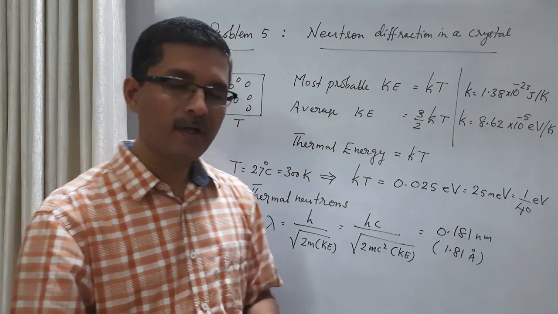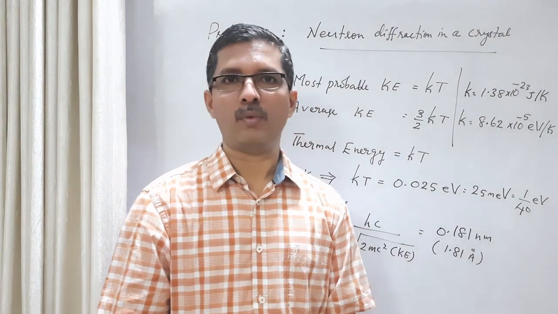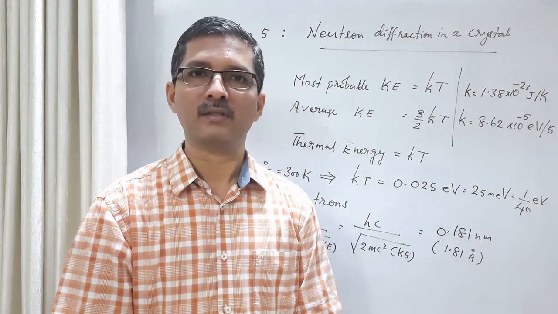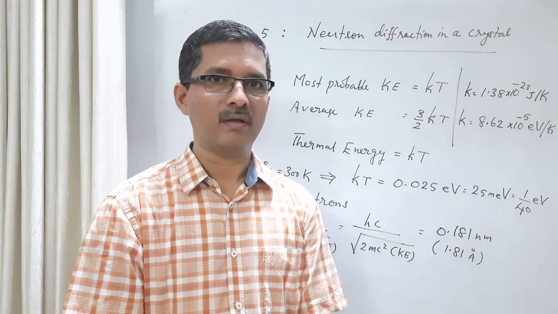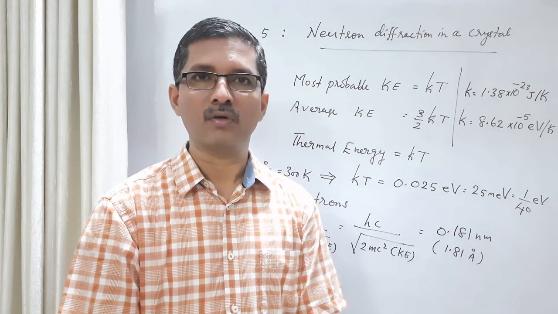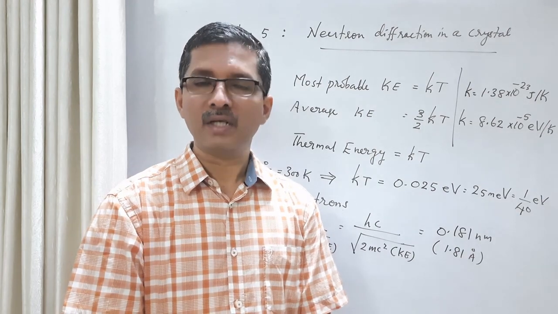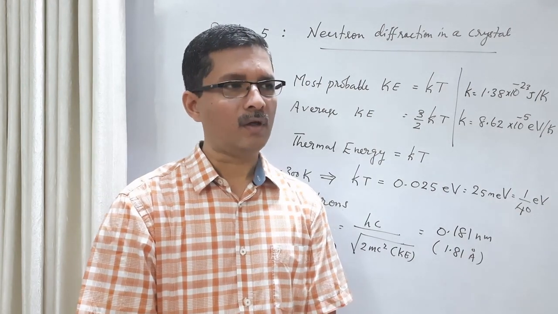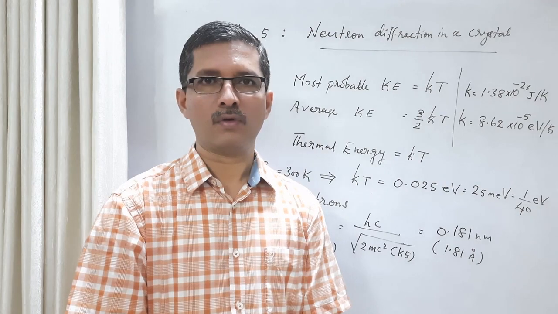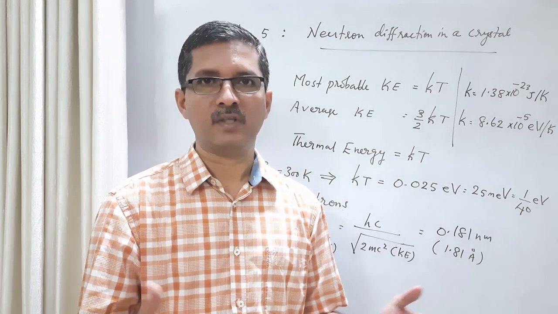So far we have discussed 5 different problems in different physical contexts using the idea of de Broglie waves. In the next class we have to see what is the experimental evidence for these de Broglie waves.